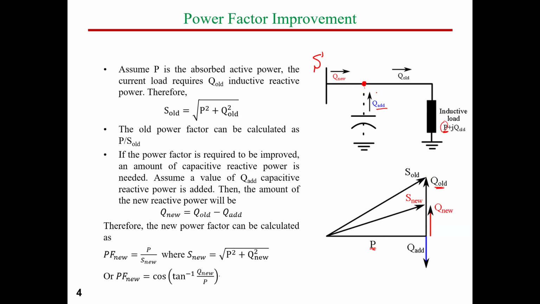Now if you add the capacitor here, we will have some added Q. And for sure, guys, the added Q of the capacitor is in the opposite direction of the inductive Q. So in this case, the total Q would be this term, because Q added here is in the opposite direction.